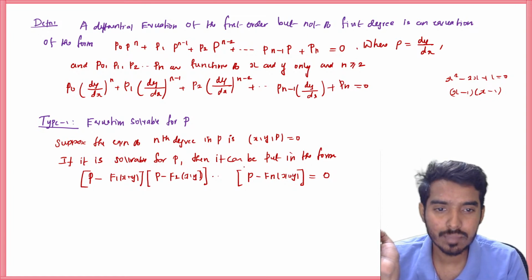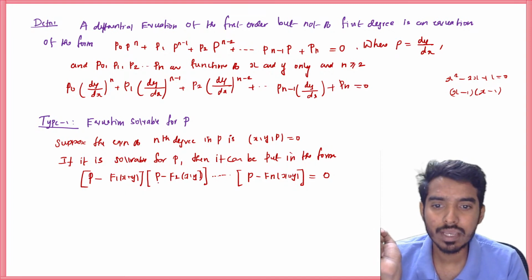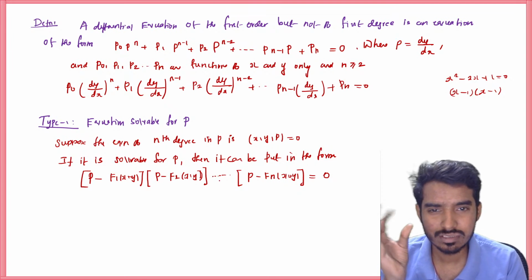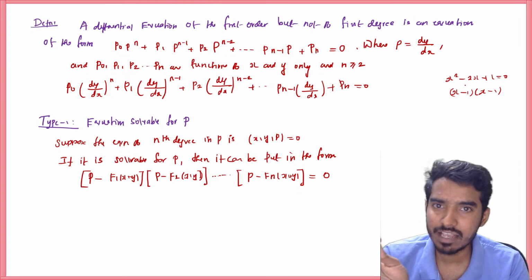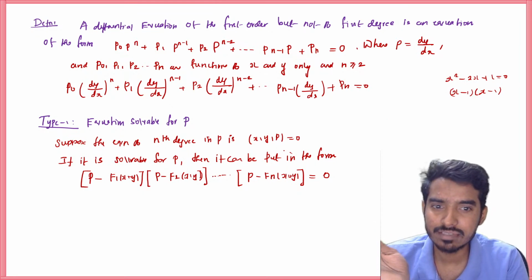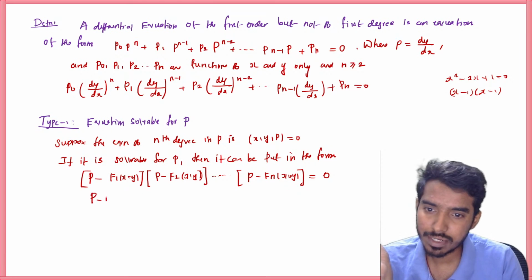Since it is solvable for p, it can be put in the form p minus some function of x comma y into p minus some function of x comma y and so on. You just compare this with a quadratic equation. It is solvable for x, that means x minus this. These are factors, right? Similarly, you just compare it. Now you equate every term to be equal to 0.